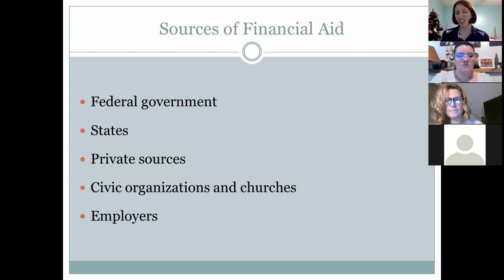You have private sources, outside private scholarship companies. Community Foundation of Greater Buffalo is a really good one that I always recommend for students to apply for. Sometimes parent employers can help out. Not often these days, they used to be a larger thing back in the day, but American Legions and all these places have scholarships that you can potentially apply for.